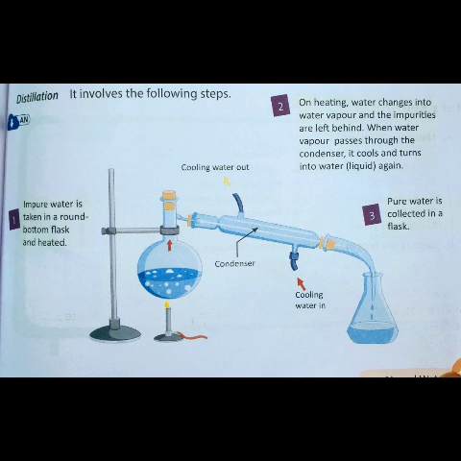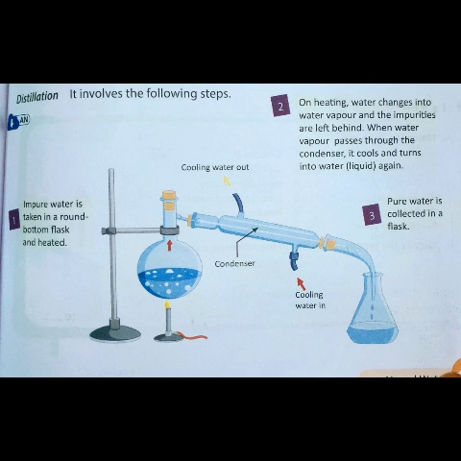In the first step, impure water is taken in a round bottom flask, then heated. In the second stage, on heating, water changes into water vapor and the impurities are left in the round bottom flask.